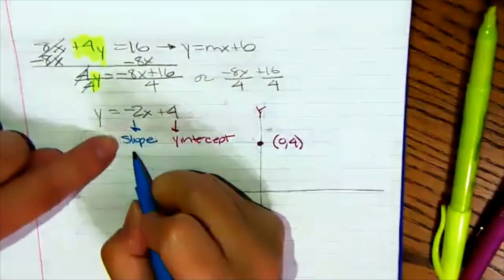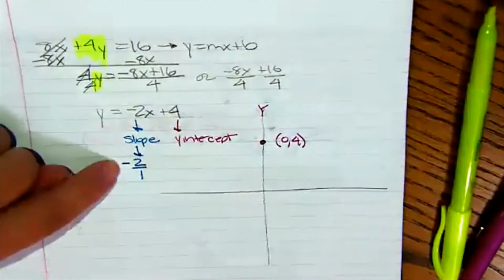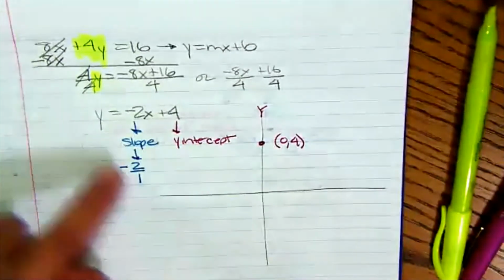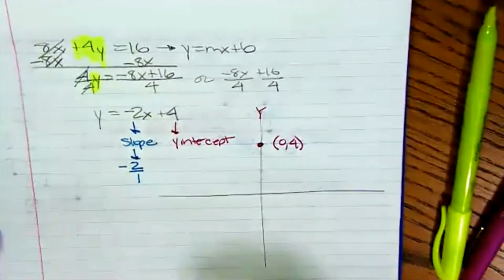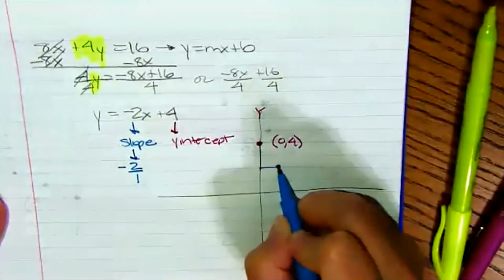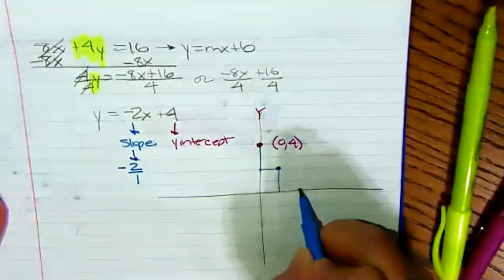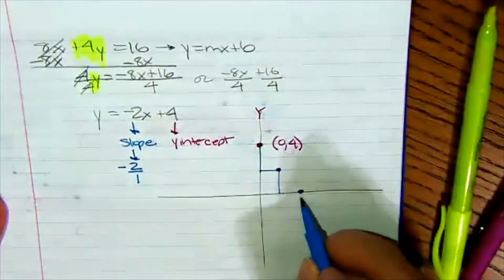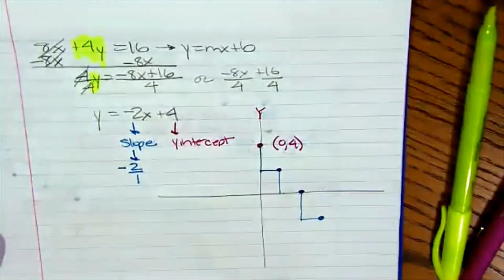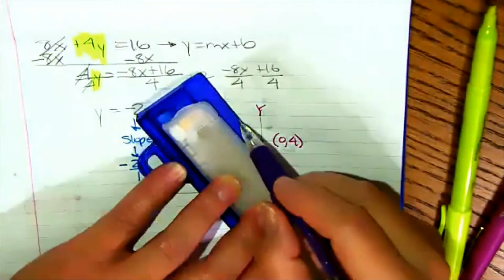Now, my slope is negative 2 over 1. It's negative, so my slope is going to go down, and I'm going to go down 2 and over 1. Down 2 and over 1. Down 2 and over 1. We'll use a straight edge to connect those points.